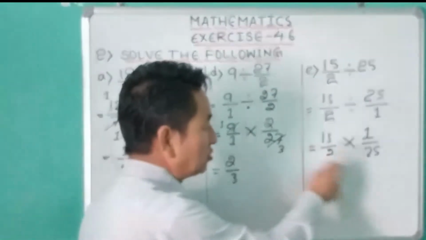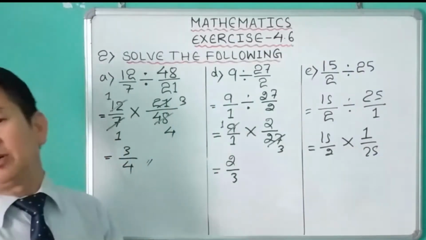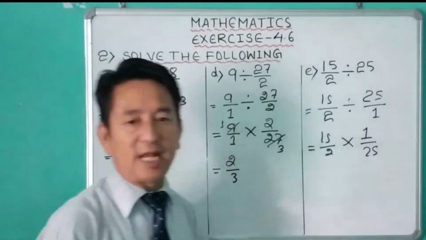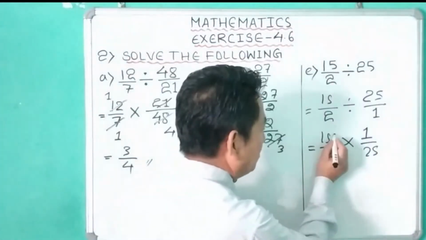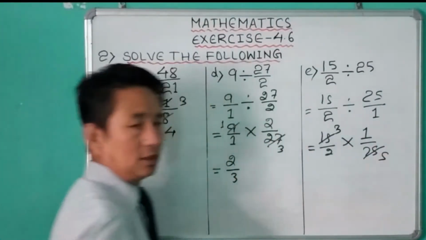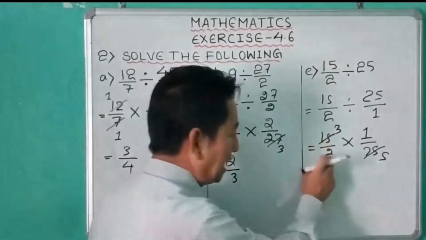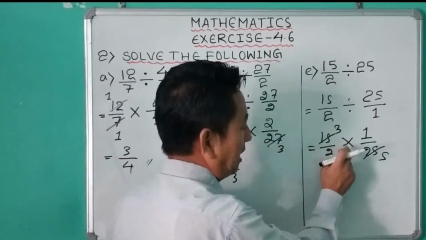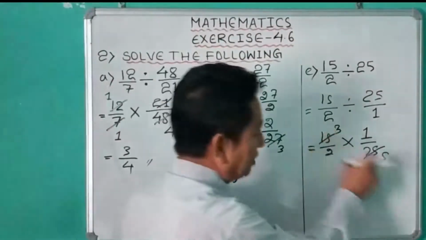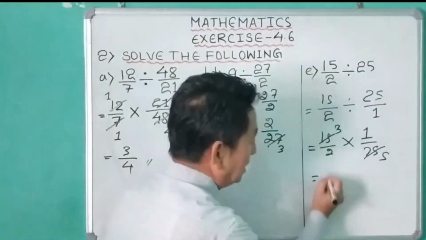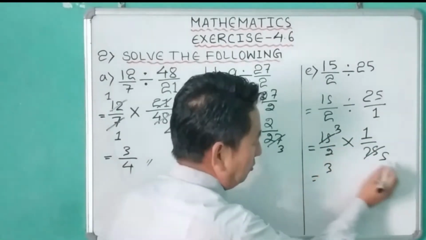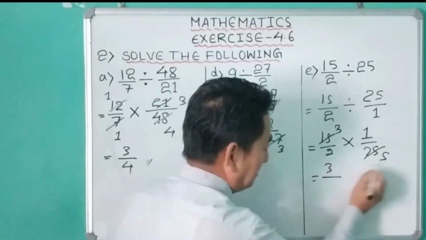So 15 and 25 are divisible by 5, because 5 is the common factor between 15 and 25. So 5 threes are 15, 5 fives are 25. Now here we cannot cancel 3 and 2, or 3 and 5, because there is no common factor between 3 and 2, and 3 and 5. So 3 over 2, 3 into 1, 3; 2 into 5, 2 fives are 10.